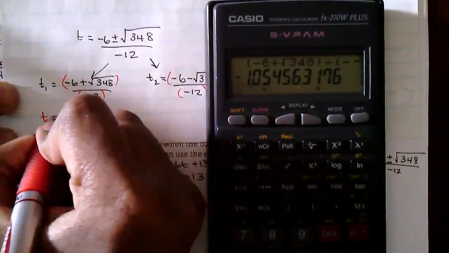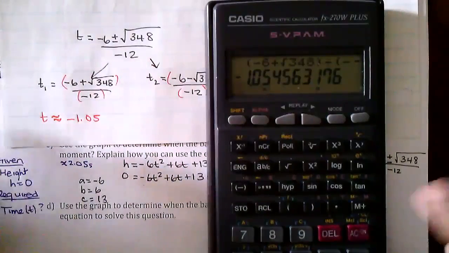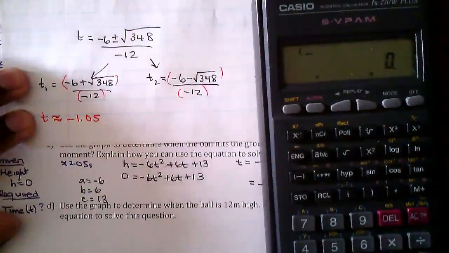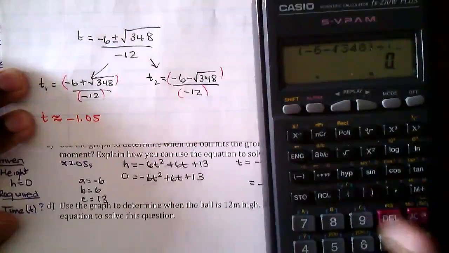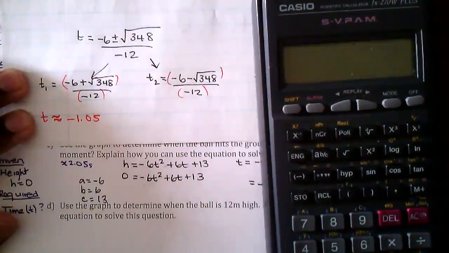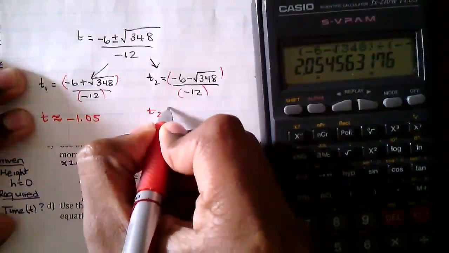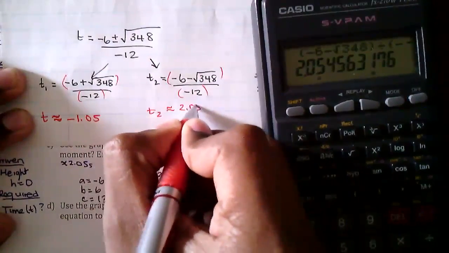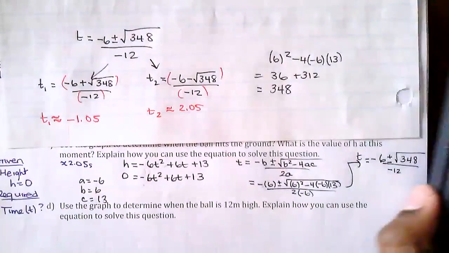Again, we're going to round, so I'm going to put the about sign, the wavy sign, and then the next half, negative 6 minus root 348 divided by negative 12, which is T2 is approximately 2.05.